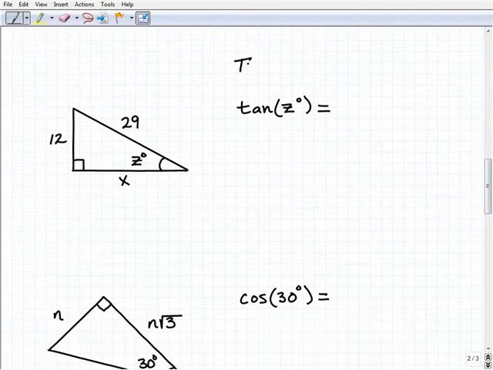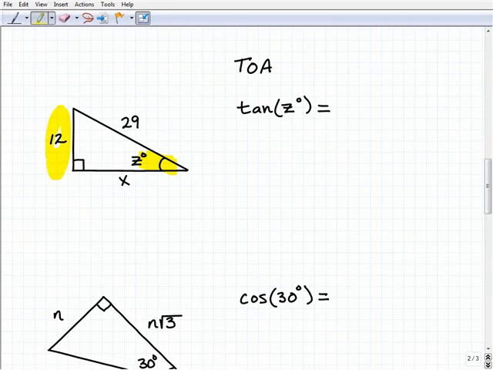Let's move on to tangent. Once again, this is pretty easy, hopefully. This is TOA, the opposite over the adjacent. Now my angle's in this corner. What is the opposite side? This is the opposite side right here, 12. And what's the adjacent side next to angle Z?